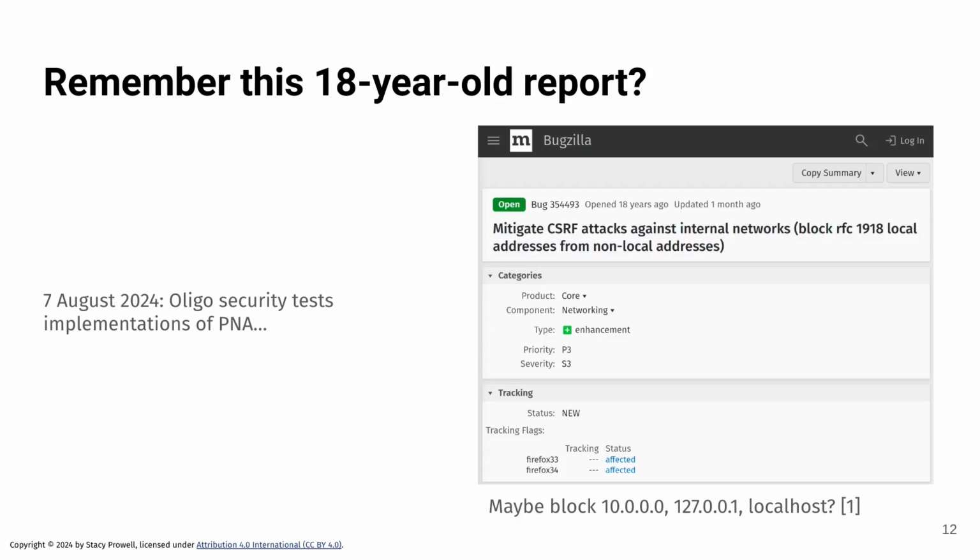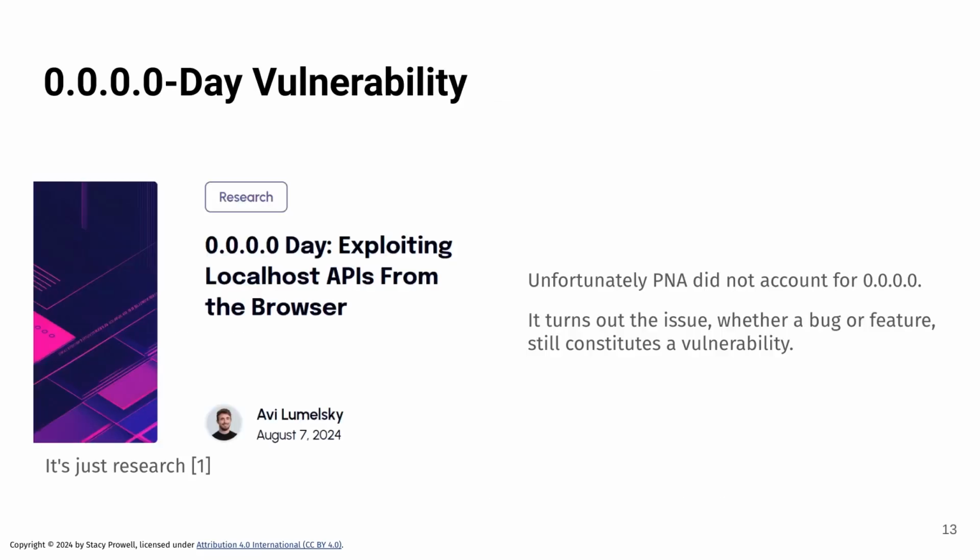You may say 7 August, but that other page said September. It's been updated, just bear with me. They're checking it out, and they discover that Google didn't account for 0.0.0.0, and as a result, I can reach out to localhost using 0.0.0.0, and private network access does not block me.